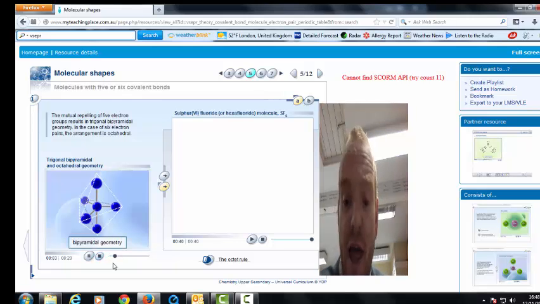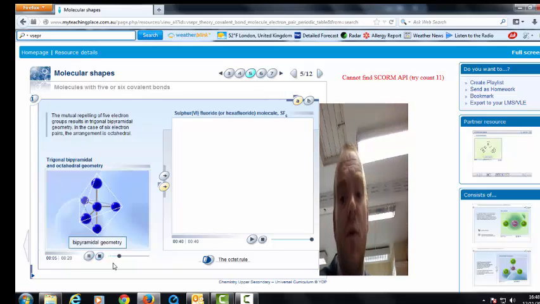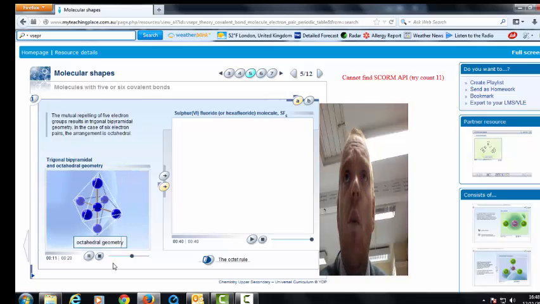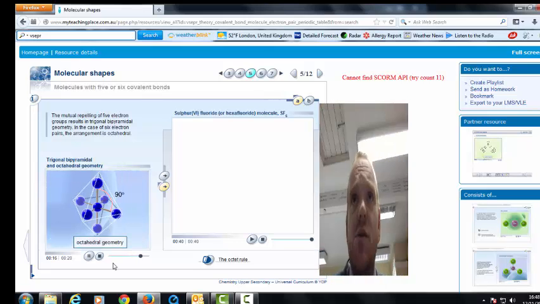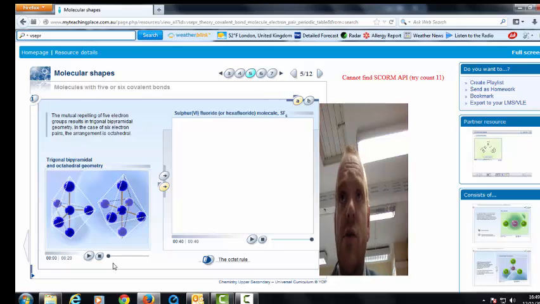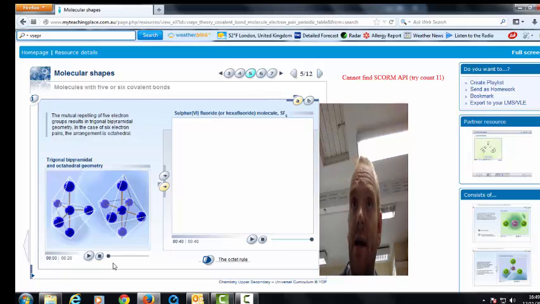If I have 5 electron pairs, I've got a trigonal bipyramidal geometry, and I've got 2 different bond angles, one at 90 degrees and one at 120 degrees. Again, in my octahedral geometry, my bond angle is only 90 degrees. So in the trigonal bipyramidal geometry I've got 2 different bond angles, 90 and 120, and in the octahedral geometry I only have the 90 degree bond angle.